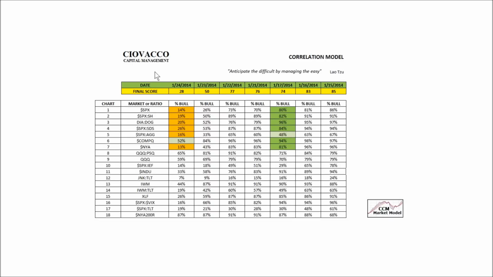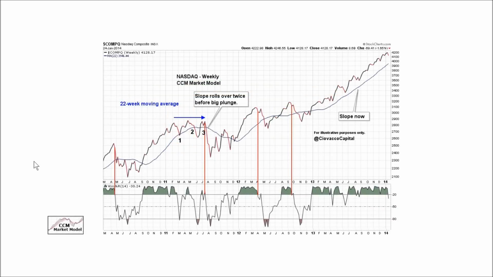These are the core charts here in terms of importance: S&P 500, long versus short, stocks versus bonds, the NASDAQ, and the broader NYSE composite. And you can see the change between the 17th and the 24th is significant. For the remainder of the video, we'll show you examples of those observable changes that the model tracks.